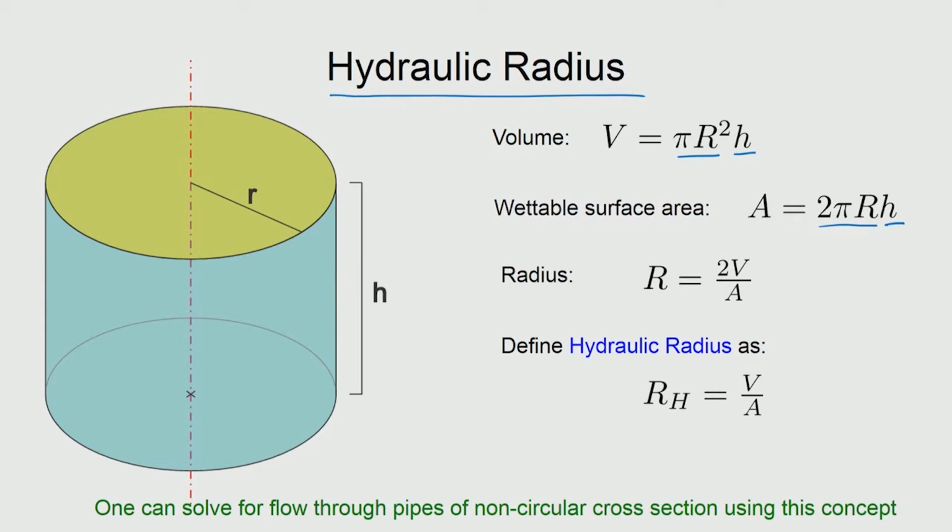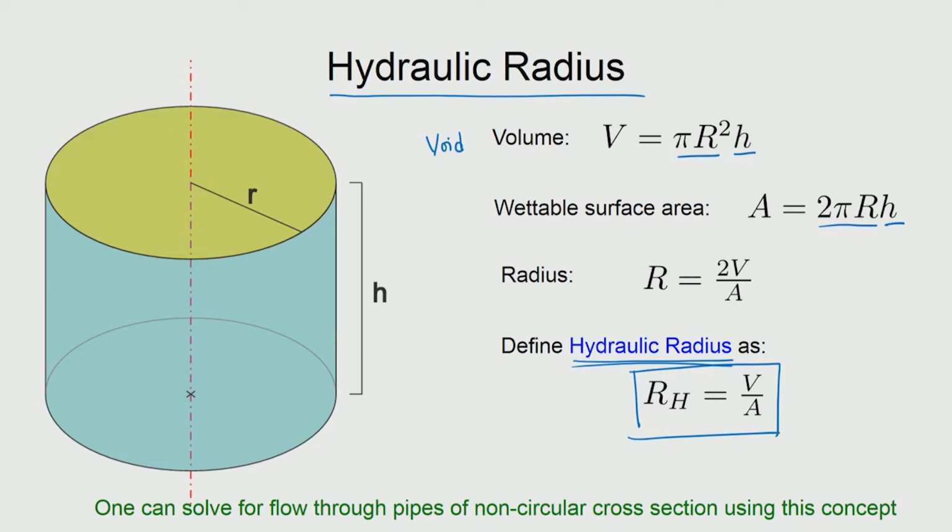So, volume is actually also the void volume. You could qualify this as void volume, because it is through this void or cavity that the liquid is going through. Once you have this, you can imagine that you can always call the ratio of volume to wettable area a relevant quantity for the radius, which we would now define. So, we would like to define what is called the hydraulic radius.